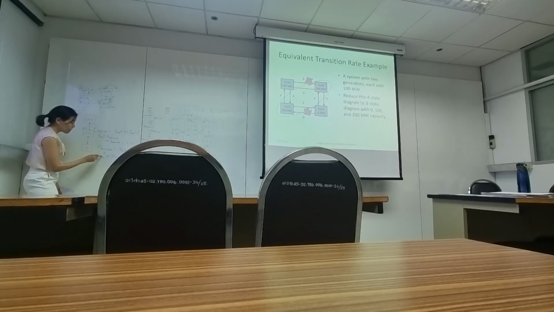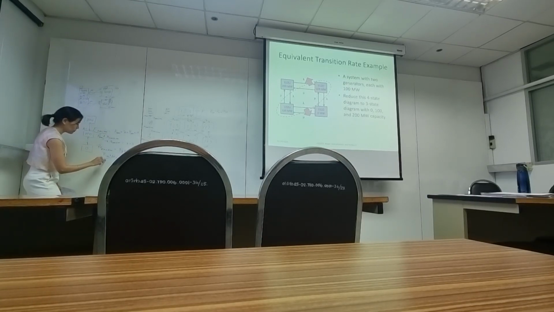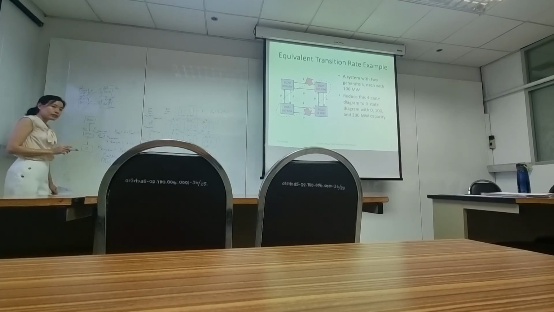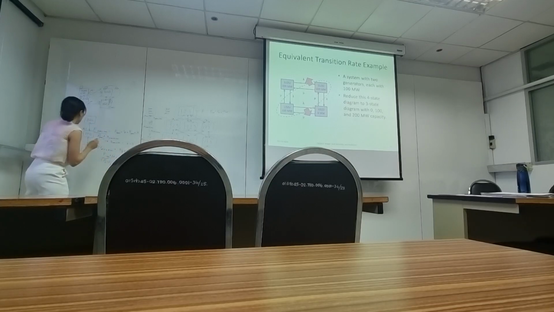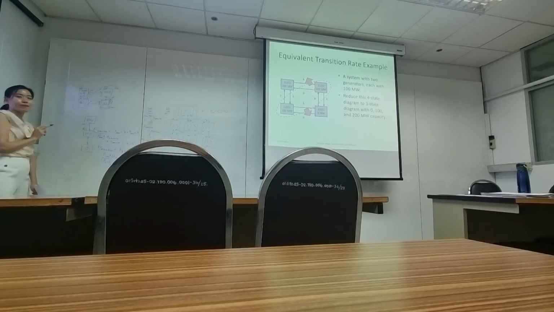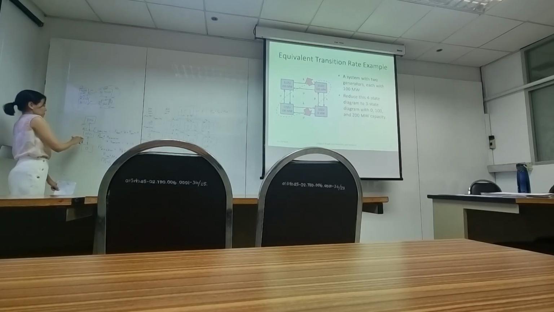But then P100 is actually equal to P2 plus P3. So this means that the equivalent repair rate from 100 to 200 will be equal to mu. This is mu. Now, what about these two rates?